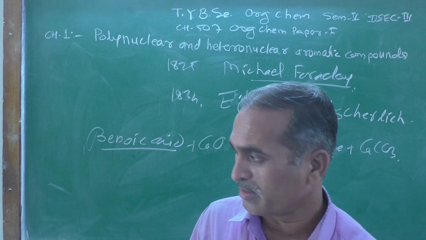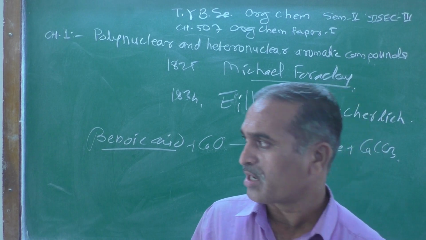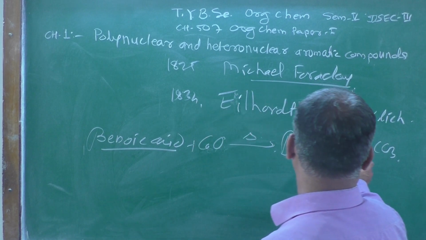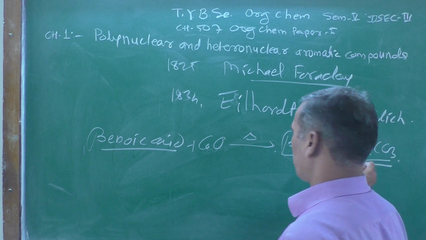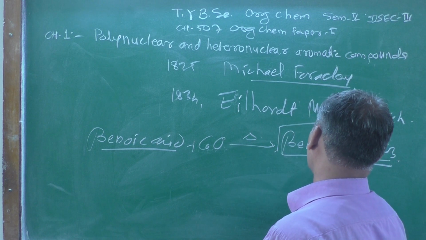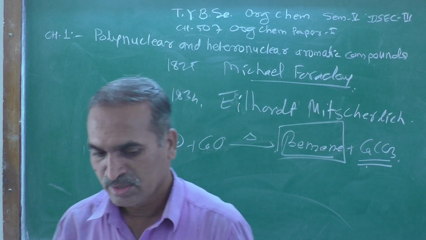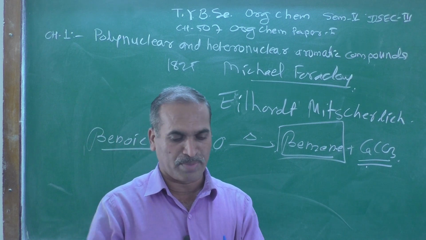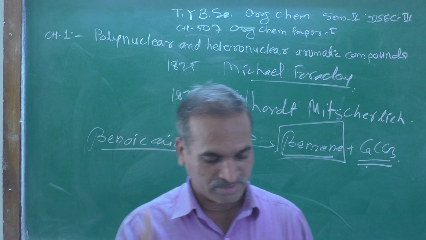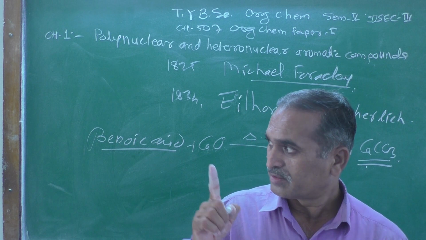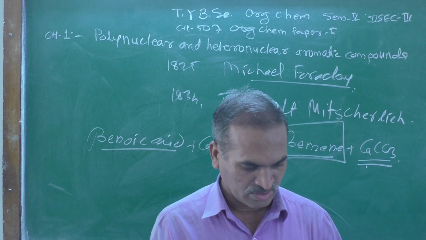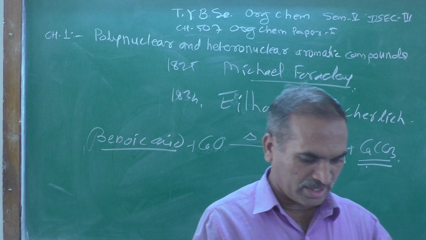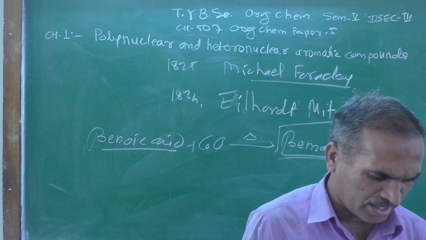And after getting calcium carbonate over here, you can see calcium carbonate, and the main product is benzene. But the structure of benzene puzzled the organic chemists at that time.